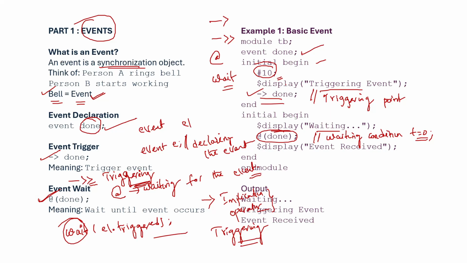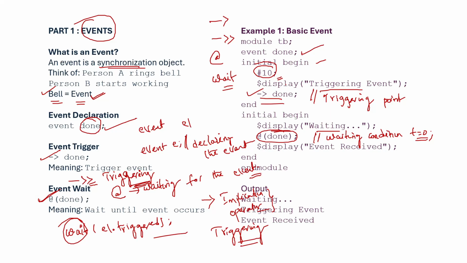So before triggering the event, we will be waiting there. Same way here also, you need to be in your room before someone rings the bell. Before ringing the calling bell, you need to stay in your room only. Then only you will catch the event.